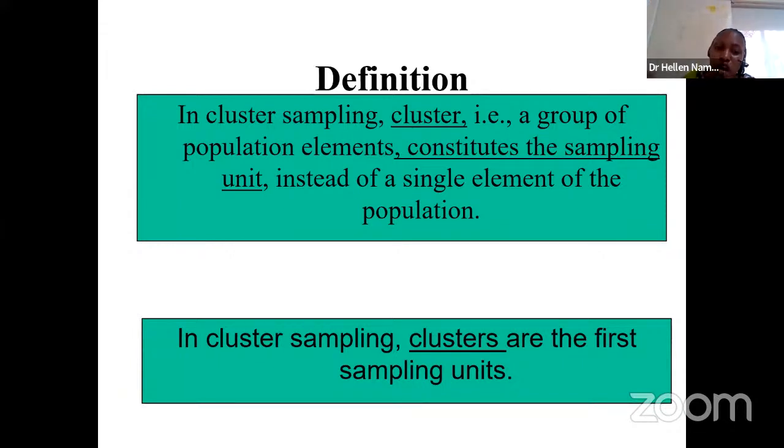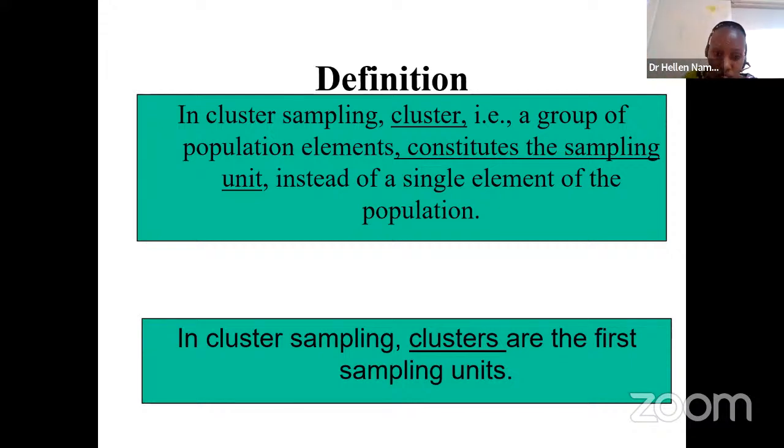Please note, we are using a group of population elements and we are not considering a single element of the population, because sometimes some people find it hard to distinguish between stratified sampling and cluster sampling. So in here, we are using groups of population elements, and the groups that we pick are the ones that constitute our sampling units. We are not considering single elements within the population. So most of the time, when it comes to cluster sampling, the clusters are the first sampling units, okay?